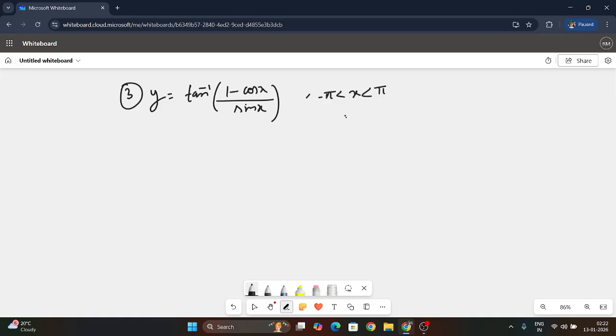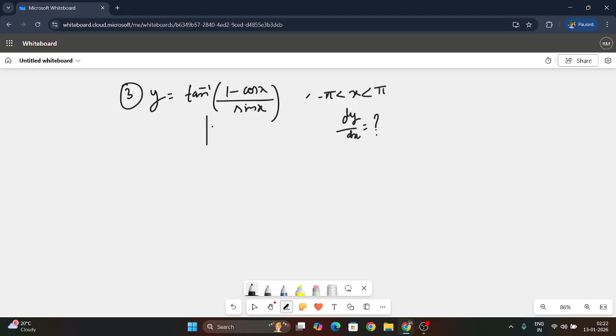We have to find dy by dx. If you directly try to differentiate it, it's going to be very lengthy. So first solve it, as I have solved in the previous questions.